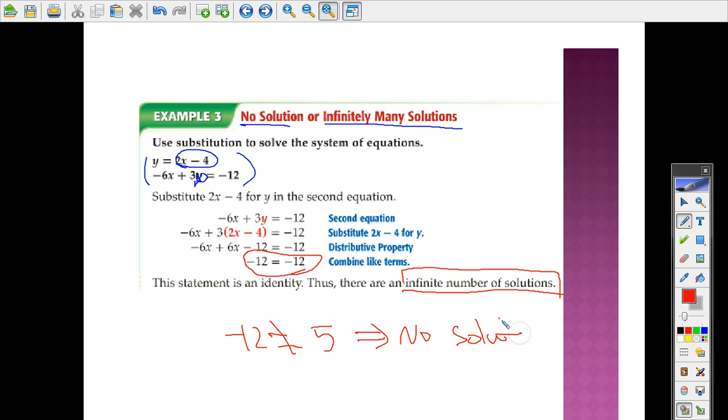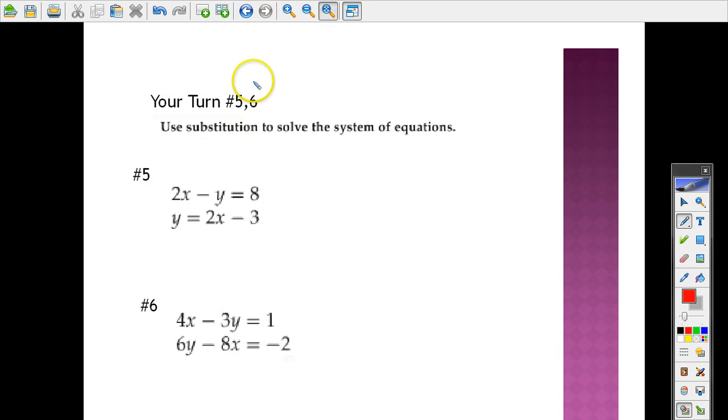So there are 2 possible scenarios here. When you have equals and they are in fact equal, then you have an infinite number of solutions. When the answer is not equal, and they say it's equal, then that is definitely no solution. So we have come to the end of our lesson.